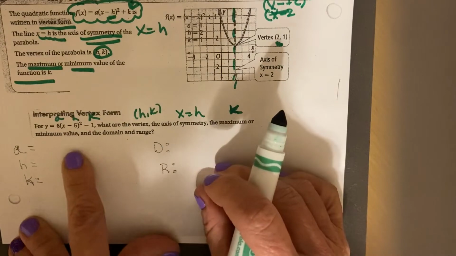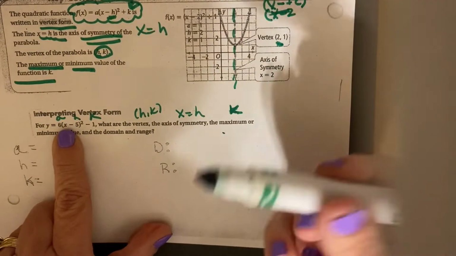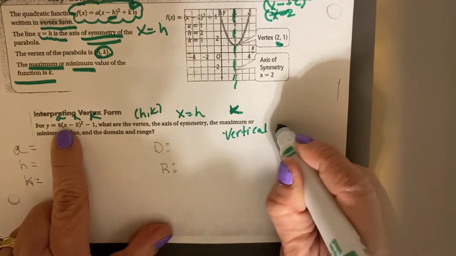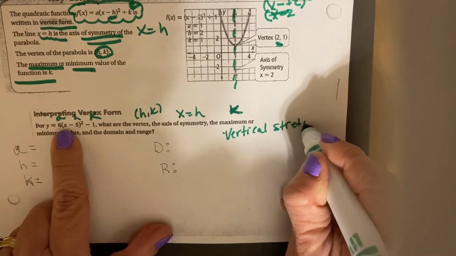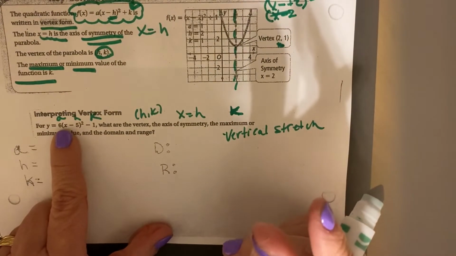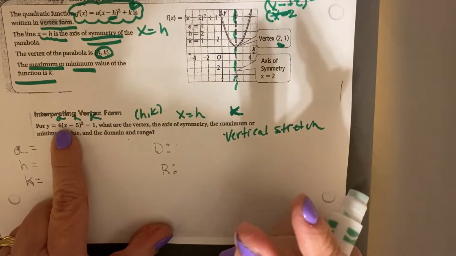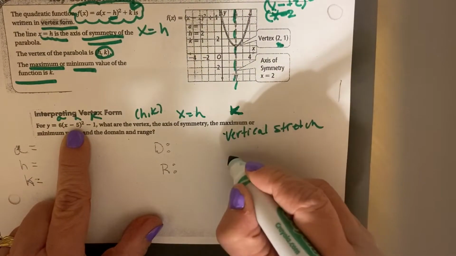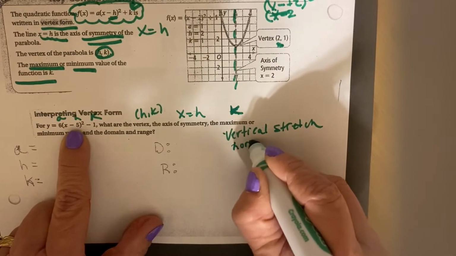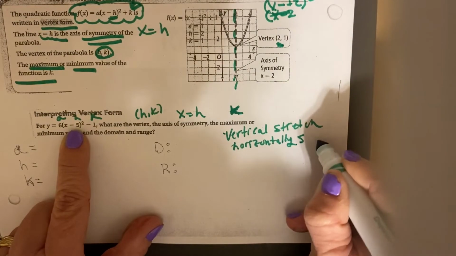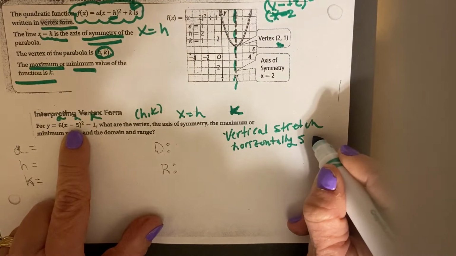So I'll write over here that this is going to be a vertical stretch. It has a vertical stretch with a scale factor of 6, so we know that that's going to be very narrow. We know that it's opening up. This tells me I'm getting my horizontal movement, and so we moved horizontally 5 units, and that went to the right.